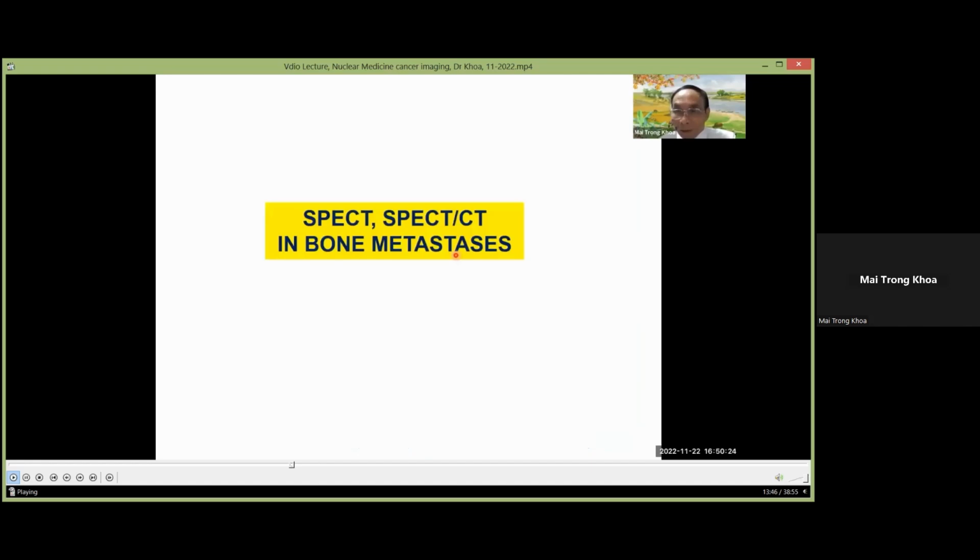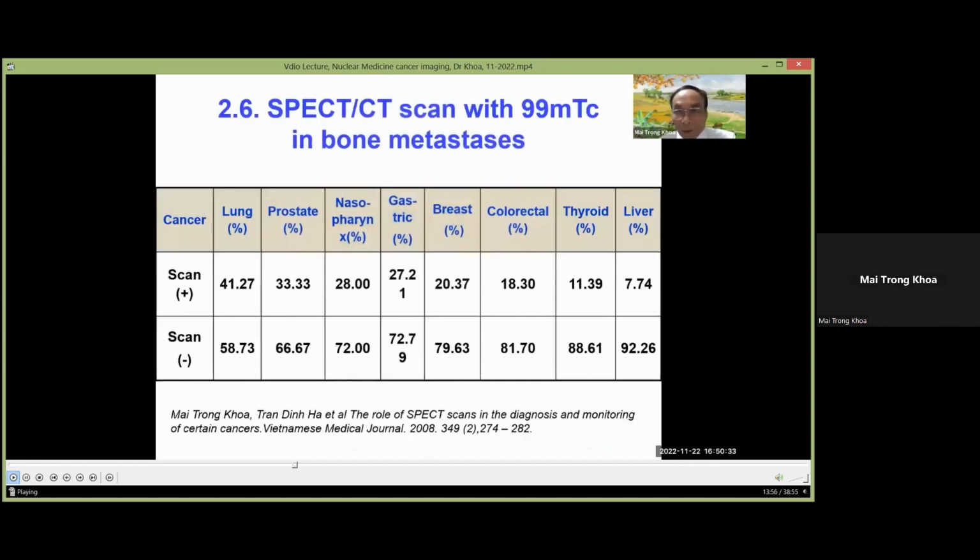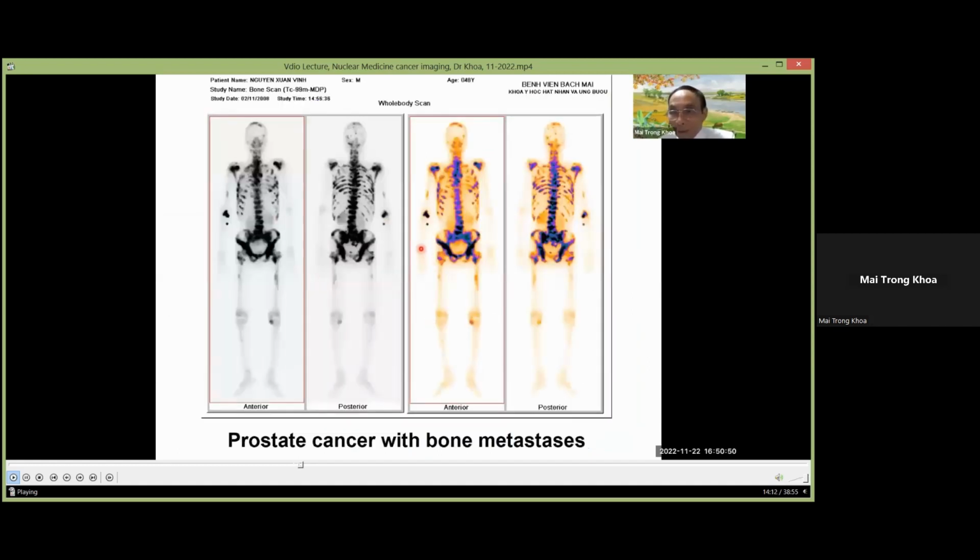And SPECT has a great role in detecting metastatic bone lesions in cancer. Many types of cancer can be detected on the 99mTc-labeled MDP scan, as shown in this table. And this is a case of prostate cancer with bone metastasis with multiple lesions on the bone scintigraphy.